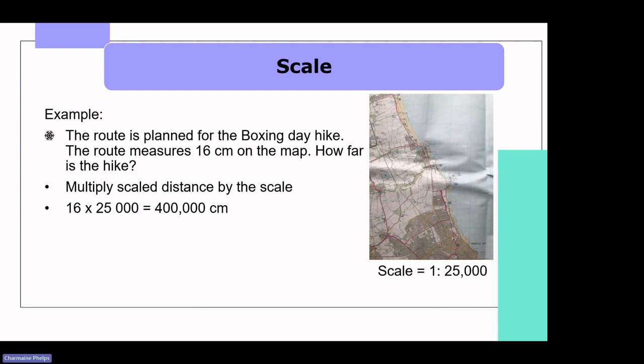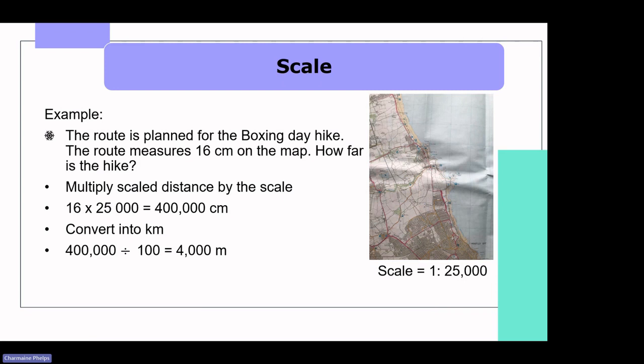Now, realistically, it should say how far is the hike in kilometres, because we never say, oh, I'm off for a 400,000 centimetre walk. Doesn't happen, does it? So I'm going to convert it into kilometres. The way that I can do this is I know that there are 100 centimetres in a metre.